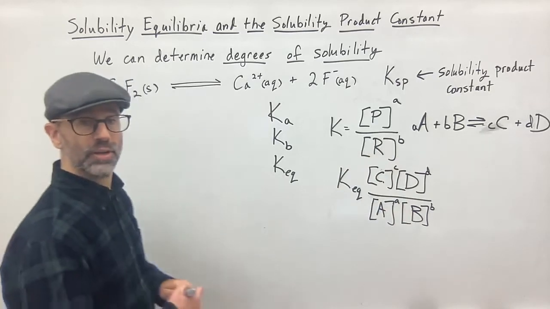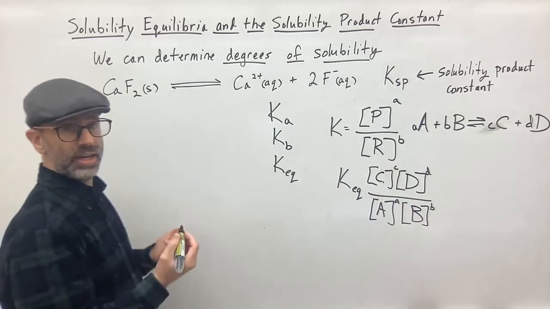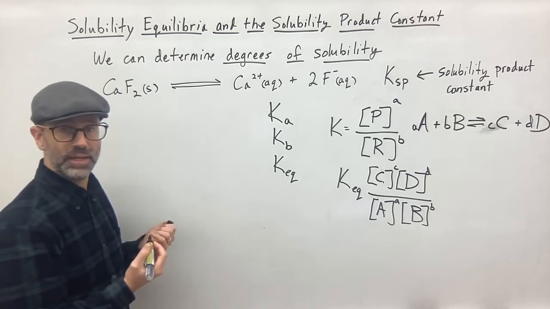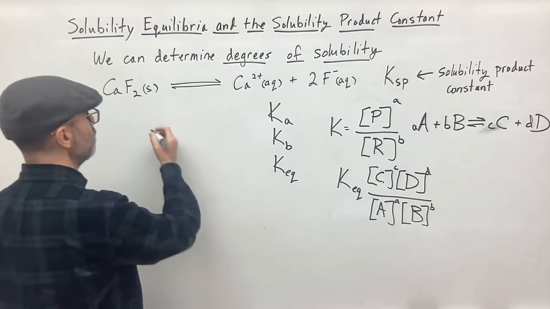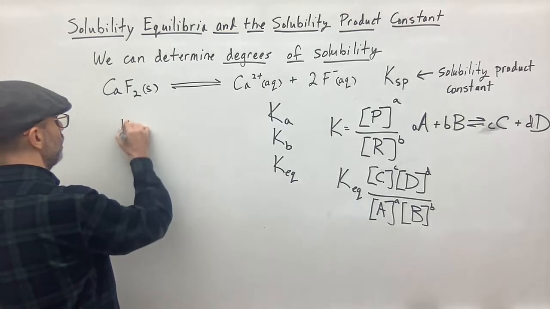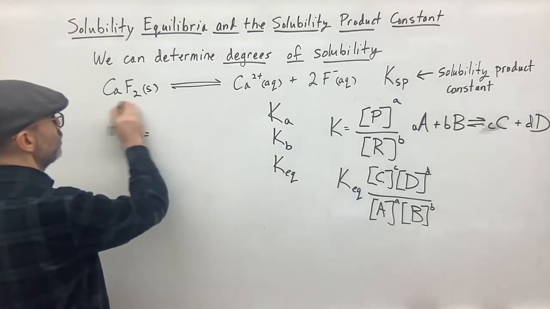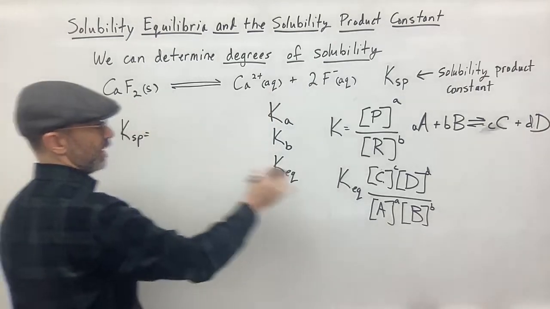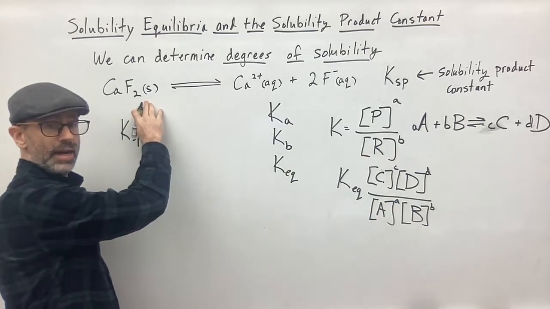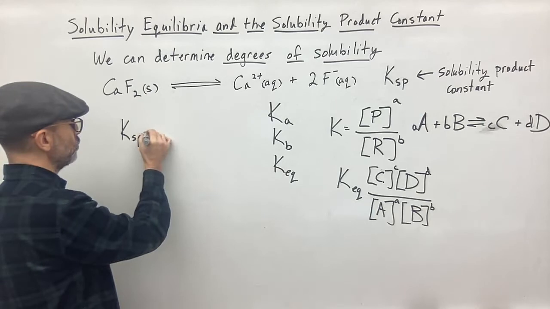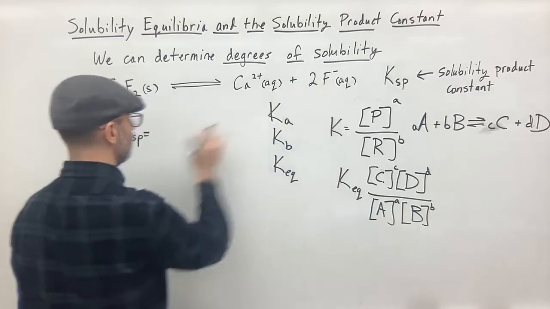So for Ksp, for this example, and any other example of a solid or a salt dissolving in water, since this is a reactant and reactants are on the bottom, and this is a solid, we're not going to include that in our expression. It's just going to be the concentration of the products here, of the ions.